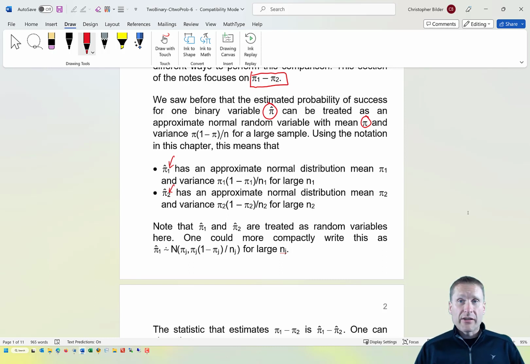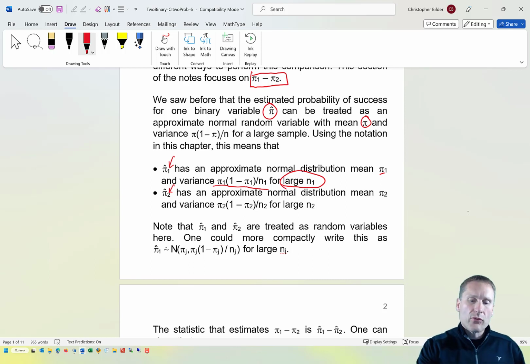It has an approximate normal distribution as well, with a mean of pi 1 and a variance of pi 1 times 1 minus pi 1, all divided by n1, where n1 is the number of trials for group 1, or the sample size for group 1. And this all works out well if you have a large sample size. Pi hat 2 is defined in a similar manner.